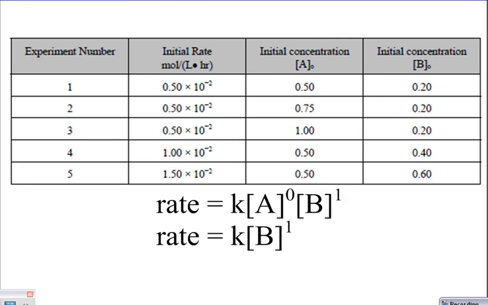But regardless of how you did the problem, you would have come up with the rate equals the constant times the concentration of B to the first.